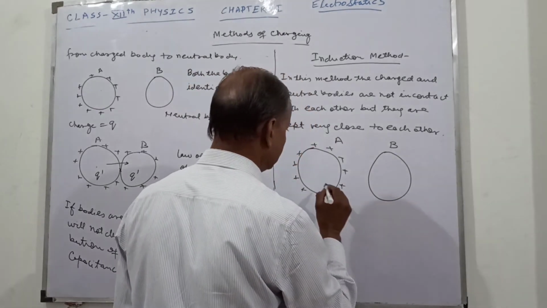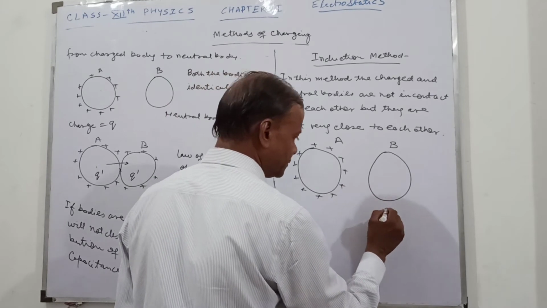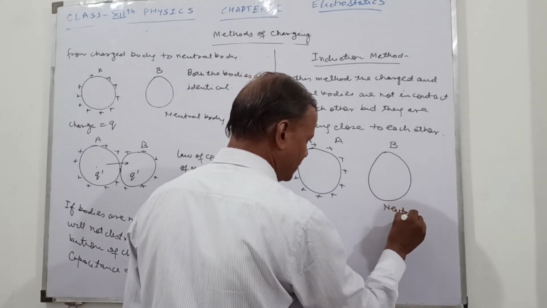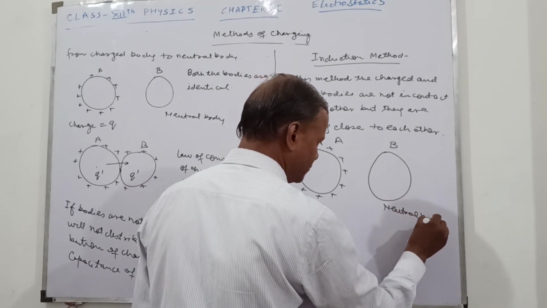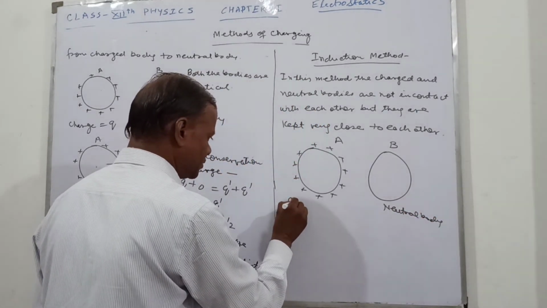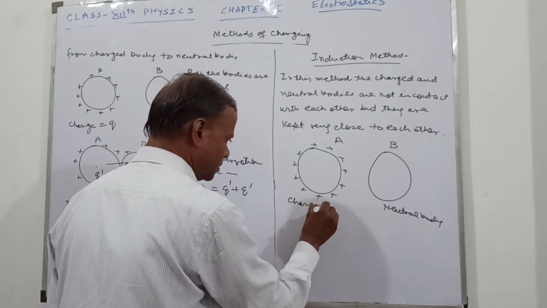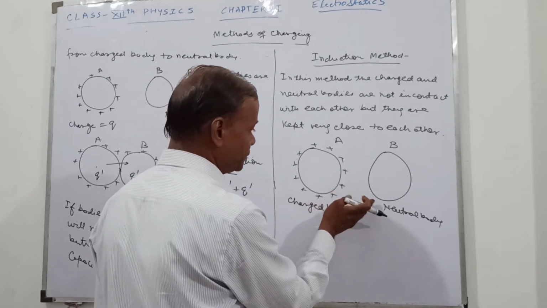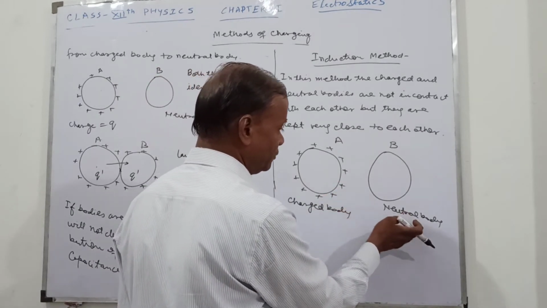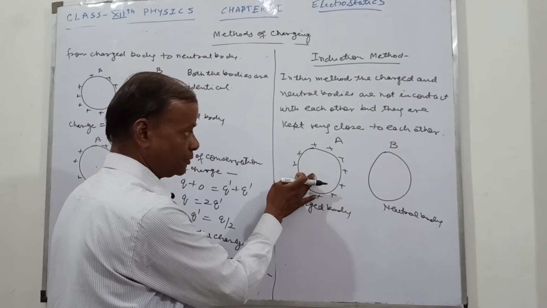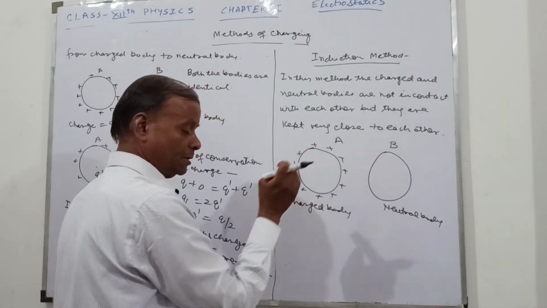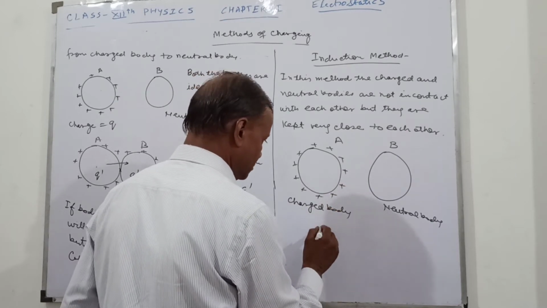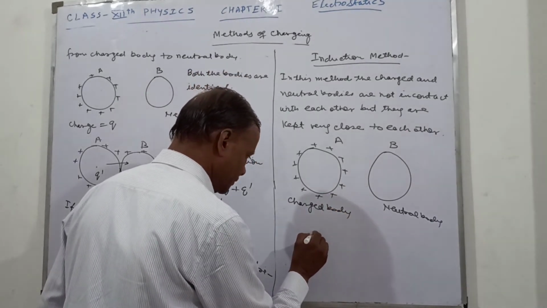This has no charge. The surface of the neutral body which is nearest to this charged body will get the opposite charge. So this body will gain the charge like this one.